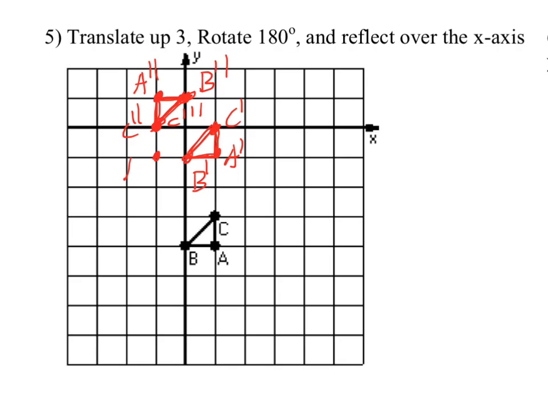A triple prime is going to be down on this other side. And then B is going to be in the same spot as B prime, so B triple prime is there. So that's the end result there. This corner right there, that's all really close there in that section.